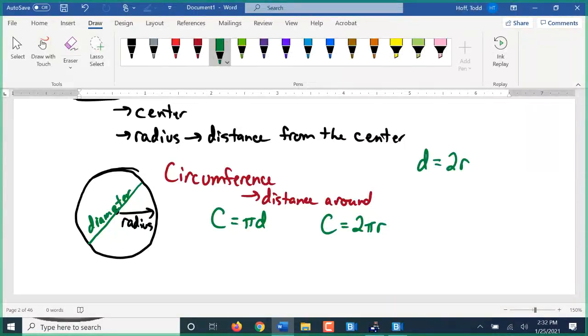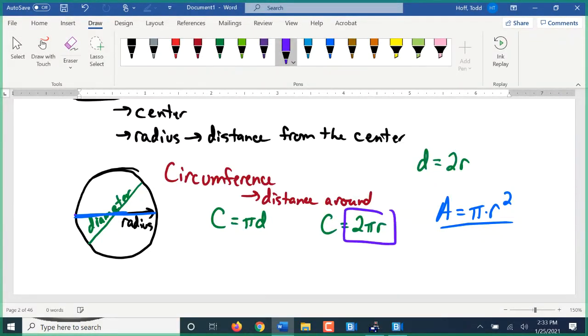It's actually kind of neat once you see how this fits together for the area. We've been told, of course, that the area is pi times radius squared. That's the formula you were given before, right? Where does that formula come from? Well, if I take my circle, I'm going to cut it in half. Since all the way around the circle is 2 times pi times r, what would be the distance halfway around? 2 times pi times r divided by 2.